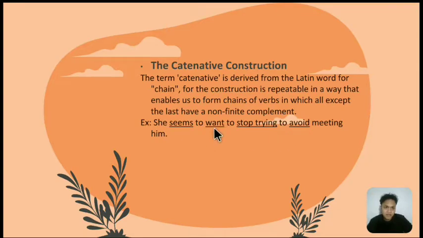I mean, want is the head verb, and to stop trying to avoid meeting him is a non-finite clause as the complement of want, and the explanation is the same. Stop is the head verb, trying to avoid meeting him is a non-finite clause as the complement of stop, something like that. I'm sure that you understand.